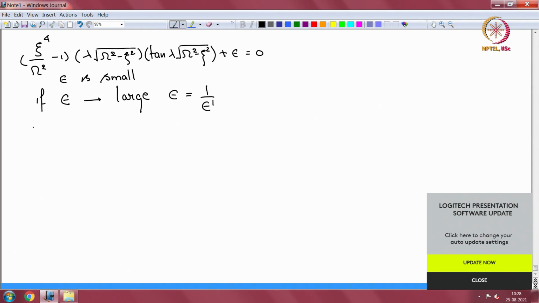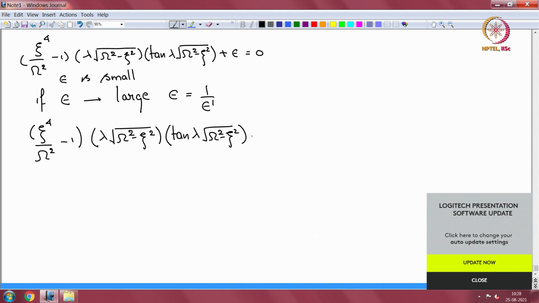So, if we do that, we will have xi fourth over omega square minus 1 lambda square root omega square minus xi square tan lambda square root omega square minus xi square plus 1 by epsilon dash equal to 0.